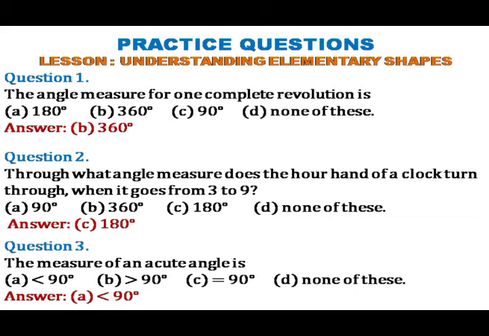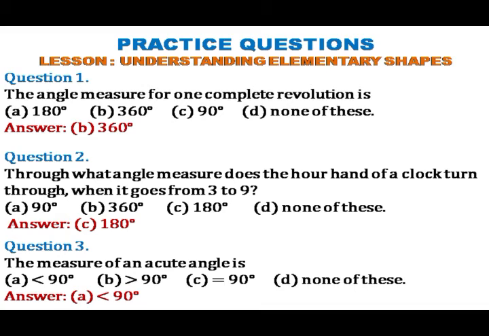Through what angle measure does the hour hand of a clock turn when it moves from 3 to 9? You remember the hands of the clock reach the opposite direction, covering an angle of 180 degree. So the correct answer will be option C, 180 degree.